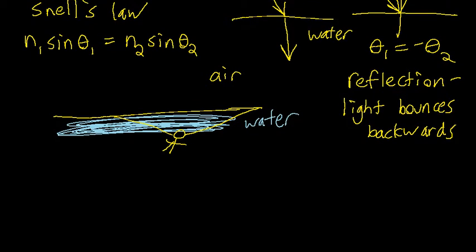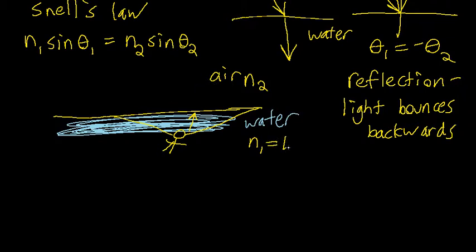If we look more carefully at Snell's law, let's take a look at some rays that are coming from the water to the air. The N1 is always where the ray is starting, and N2 is always where the ray is trying to end up. In this case, N2 is the air.